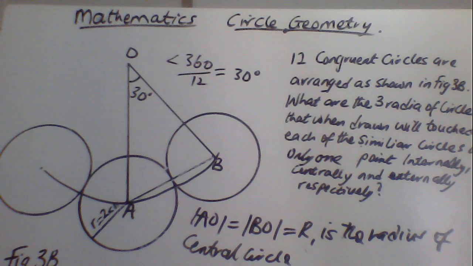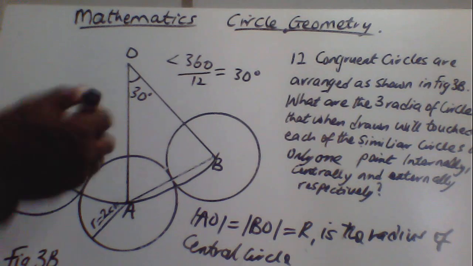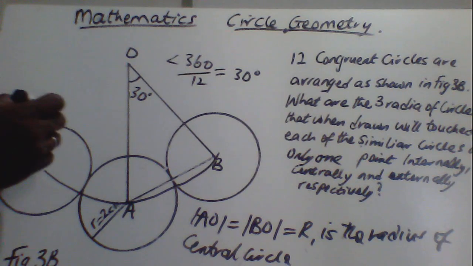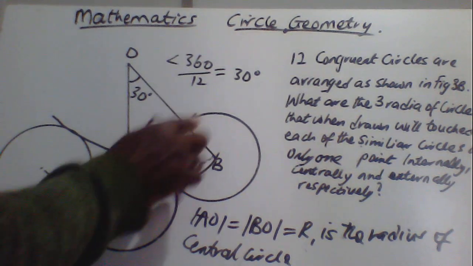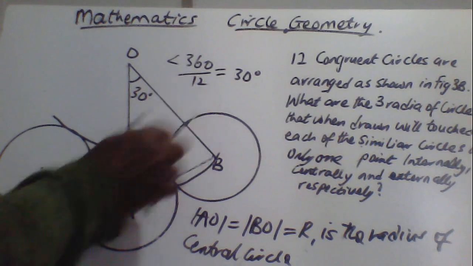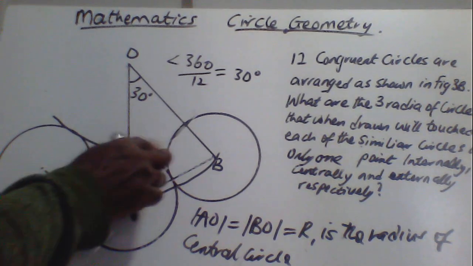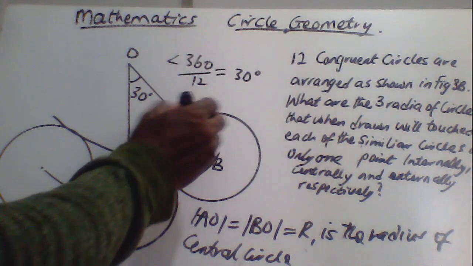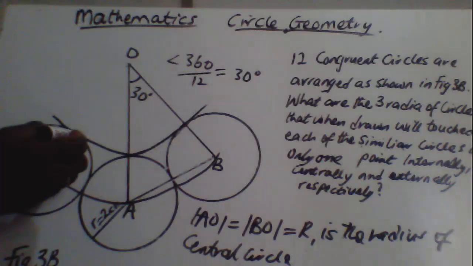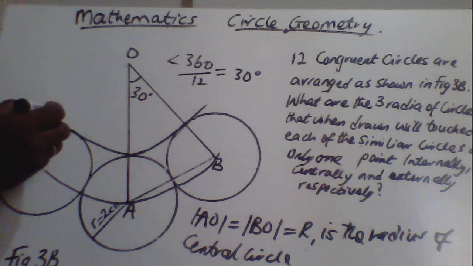What are the three radii of circles that, when drawn, will touch each of the similar circles at only one point internally? If you draw it, it will touch at only one point.